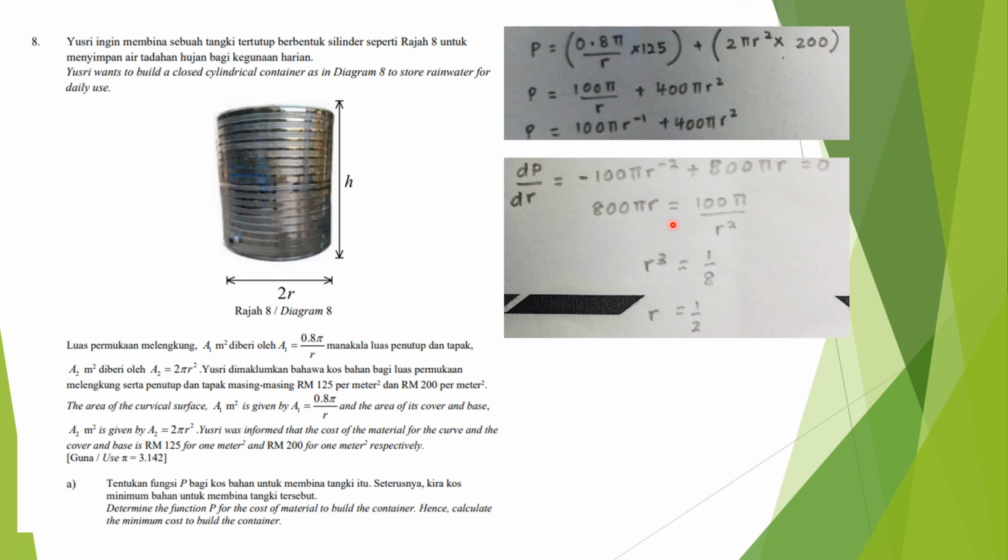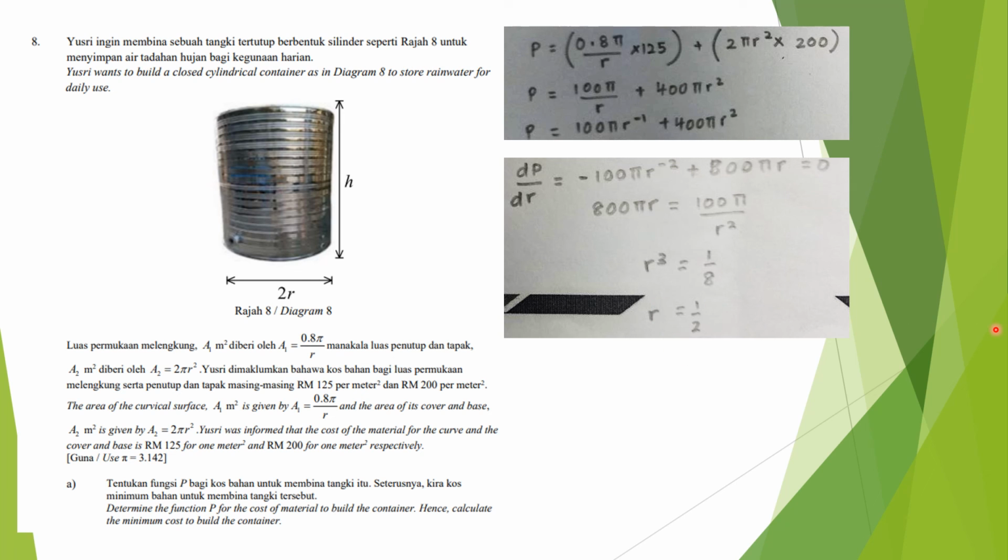So we simplify this, we bring negative 100 pi over r square to the other side, so it becomes 800 pi r equals 100 pi over r square. Then the r square we multiply with r becomes r cube equals 1 over 8. So our r is half.